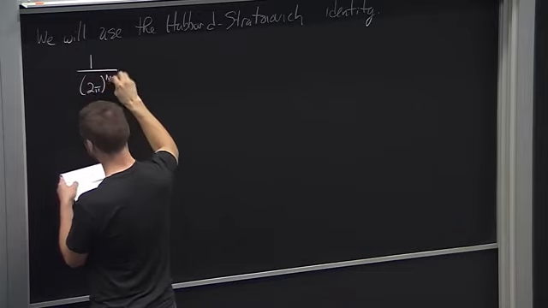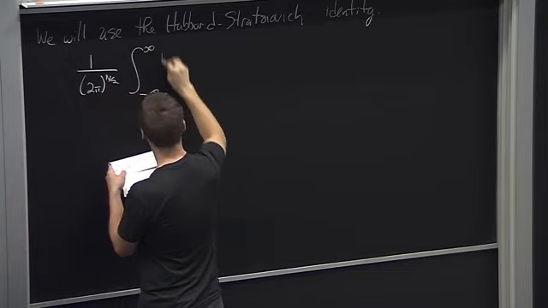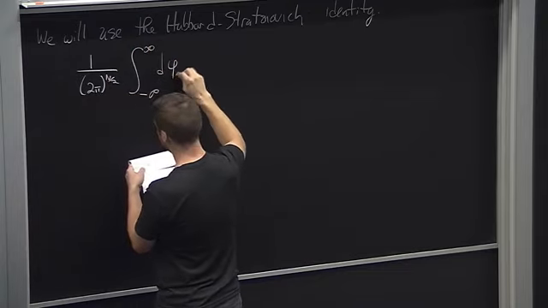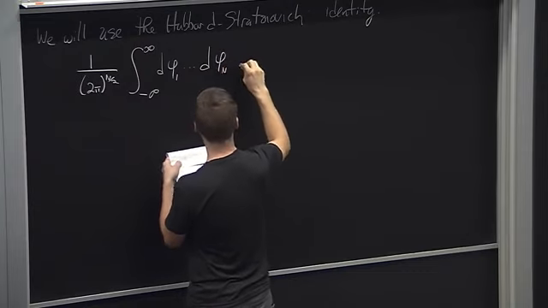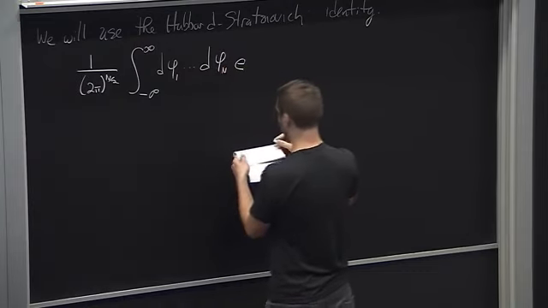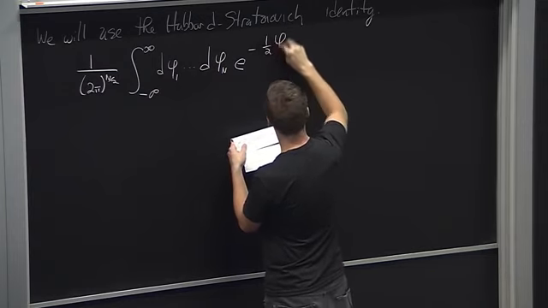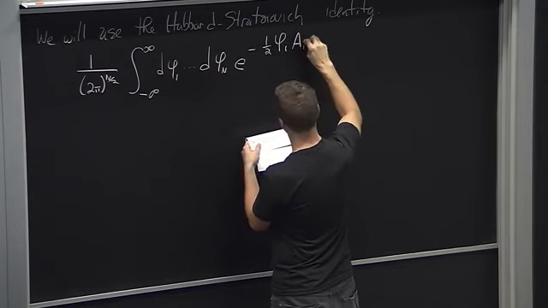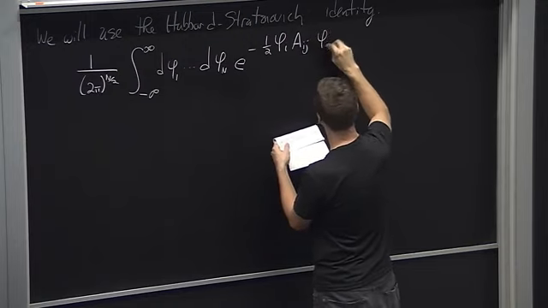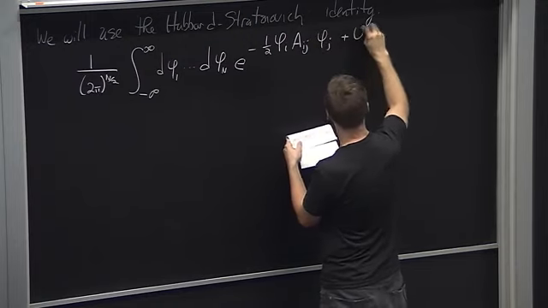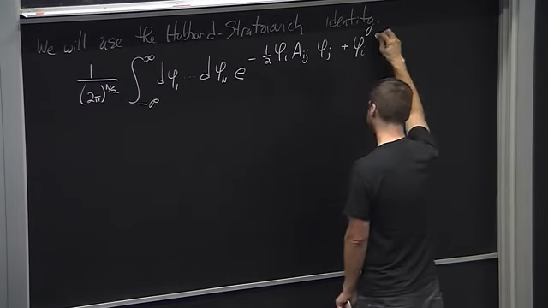For a system with n spins, I'm just going to write it in general in terms of some real variable, phi, and some matrix A that's invertible in a specific way, and some other real number.